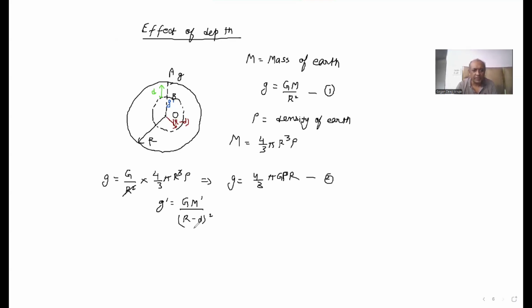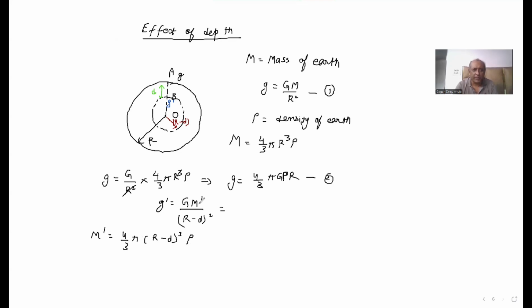M dash is taken as the mass of the sphere of radius R minus d, which is applying gravitational pull on this object. So we can write this equation as, if I put M dash, what is M dash? Like M is equal to 4 by 3 pi R cube rho, so M dash can be written as 4 by 3 pi into (R minus d) cube multiplied by rho.